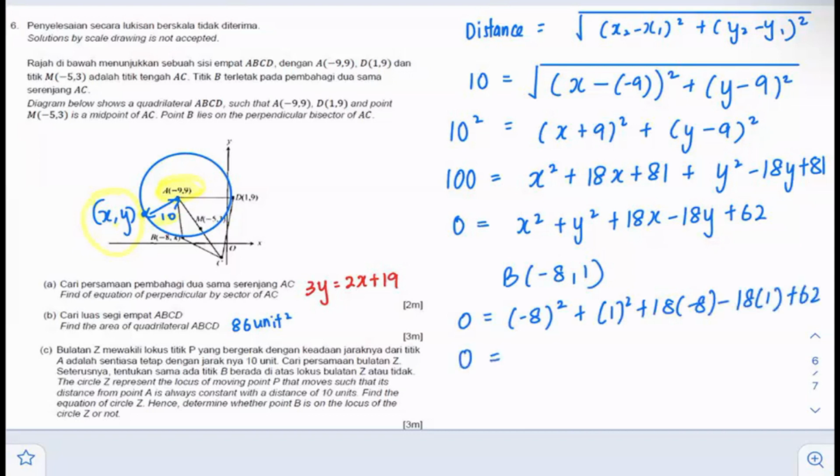So we have 0 equal to negative 35 on the right hand side. So it does not tally, which means B does not lie on circle Z. As it does not tally, we know that B does not lie on the circle. So that's it for this question.